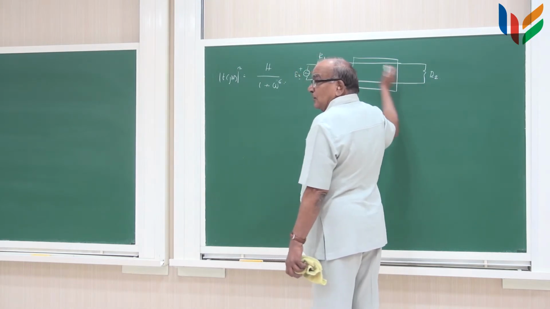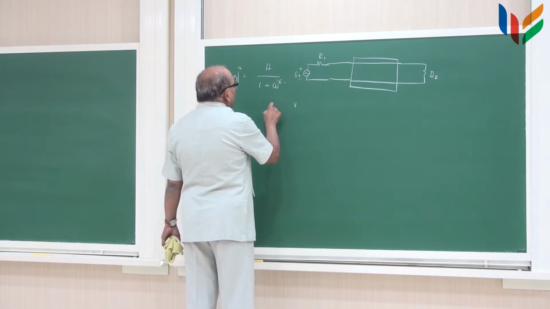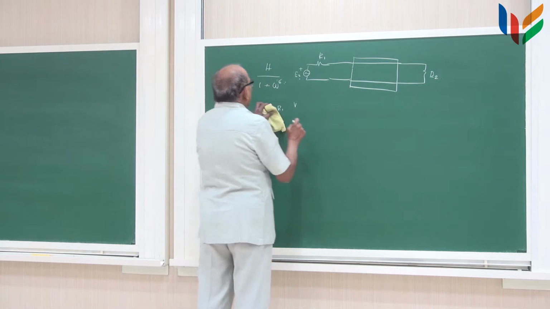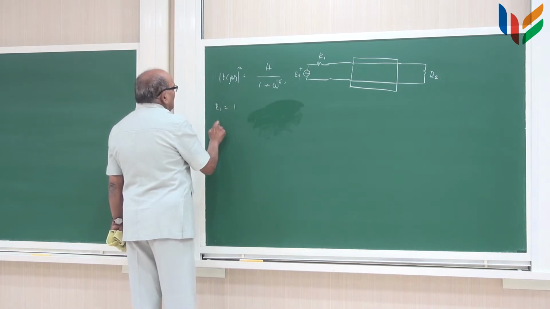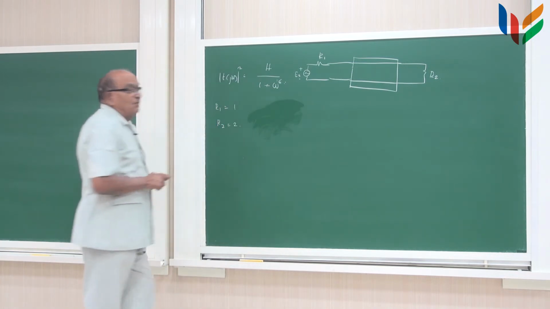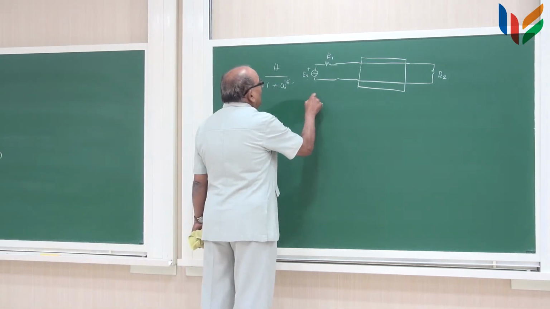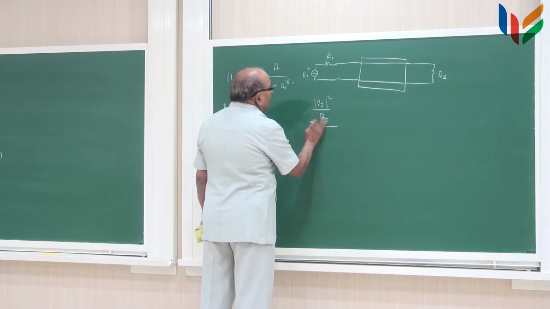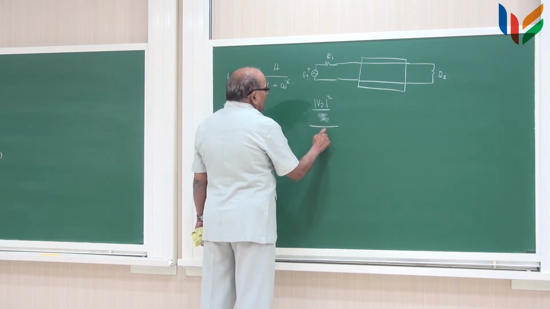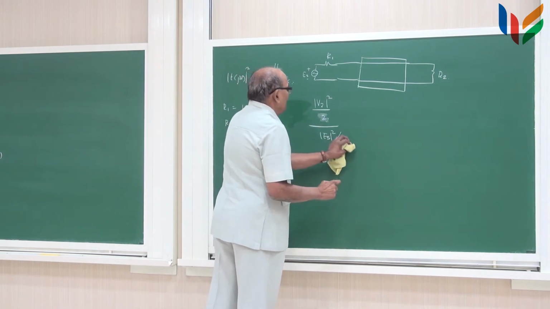This ratio of output power to the input power will come out to be equal to, let me take some values, R1 is 1 ohm and R2 is 2 ohms, and then the output will become equal to V2 square by R2, and R2 is equal to 2, and this becomes ES square divided by 4R1.